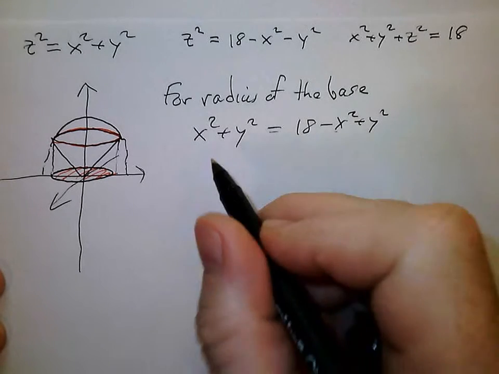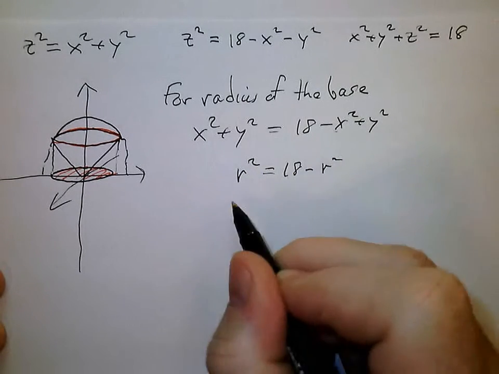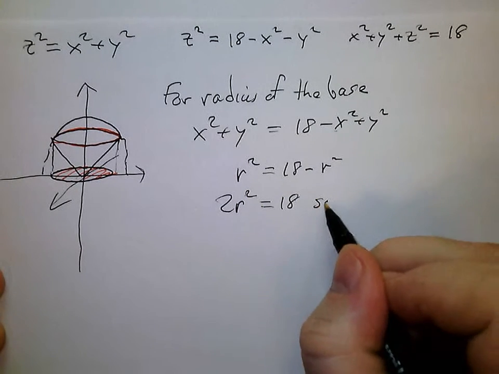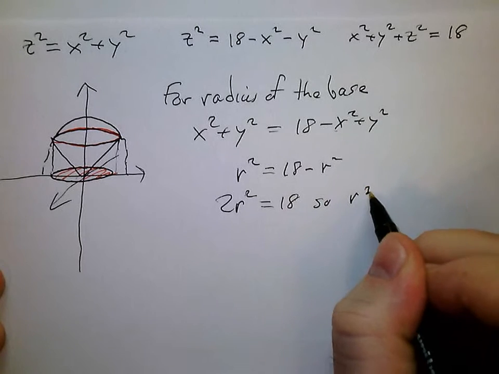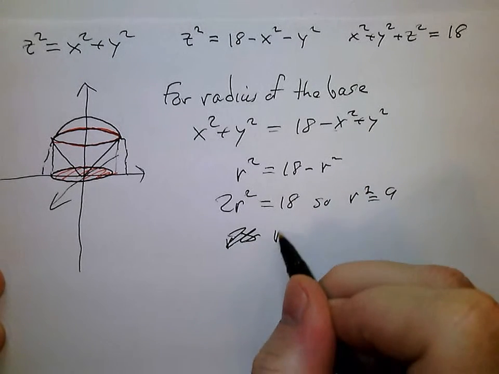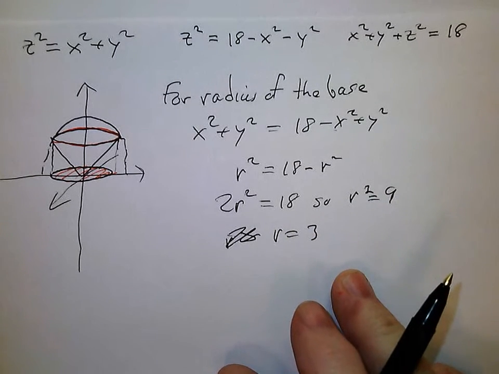And if I want, I could write this as r squared is 18 minus r squared. So 2r squared is 18. So r squared is 9. So r is 3, right? It has to be positive.